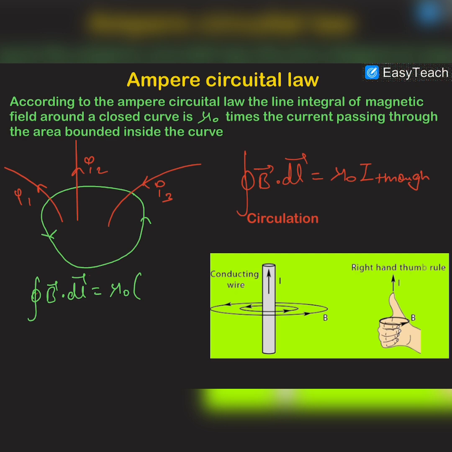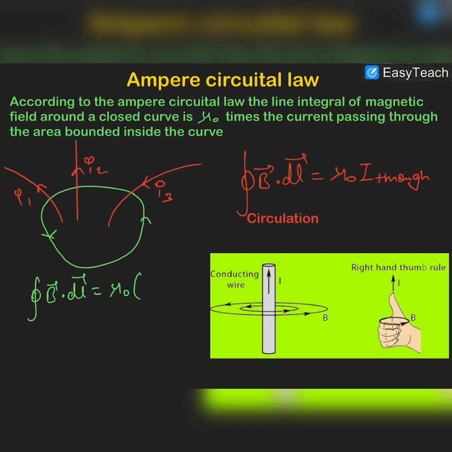So if you consider the current coming out of this plane to be positive, you can point your thumb in the direction of the current, and then circulate the fingers around this thumb, and you will find that the fingers circulate like that.